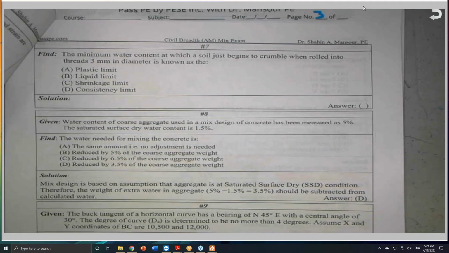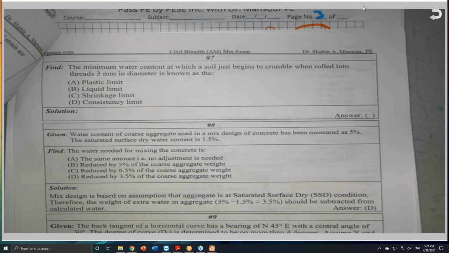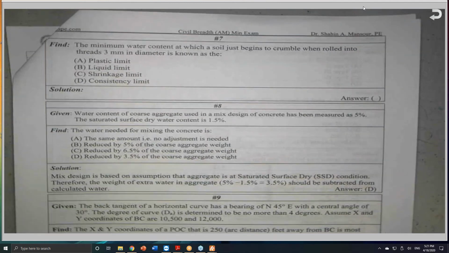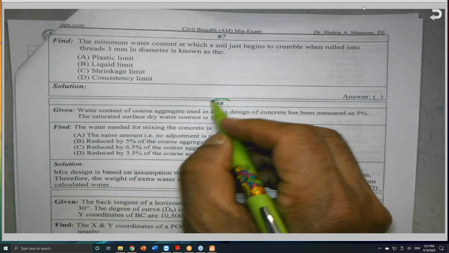The aggregate, because I received a lot of questions about aggregates, and the adjustment for surface water. Problem number 8 is a good example for that.